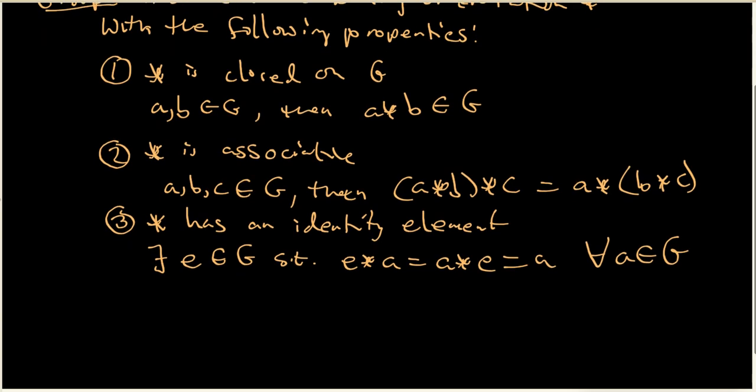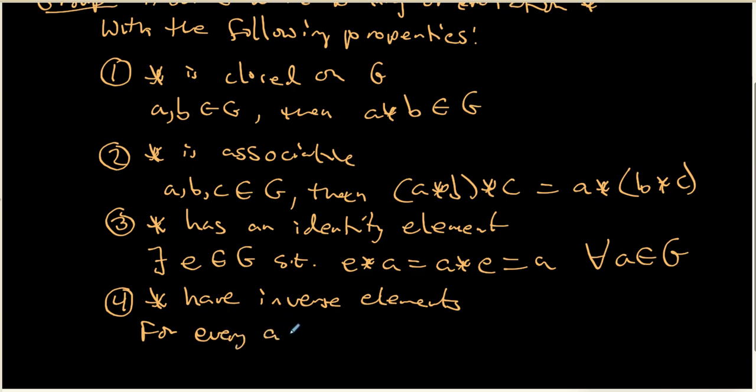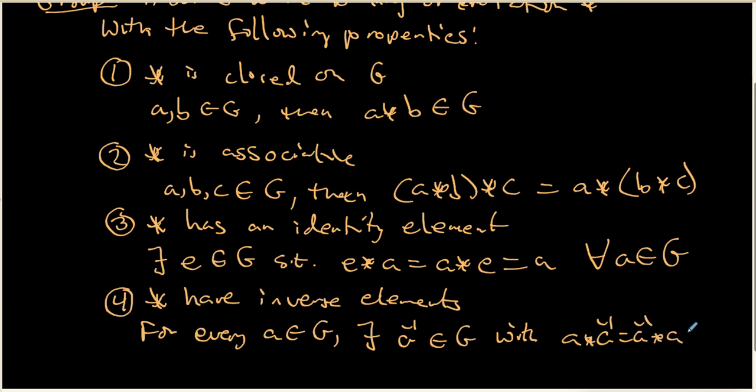And the fourth property that we have to have in order to have a group is that star has to have inverse elements. And what this means is that for every little a inside group G, there has to exist an element called A inverse inside group G with A inverse star A equal to E. And these four things are usually referred to as the group axioms.